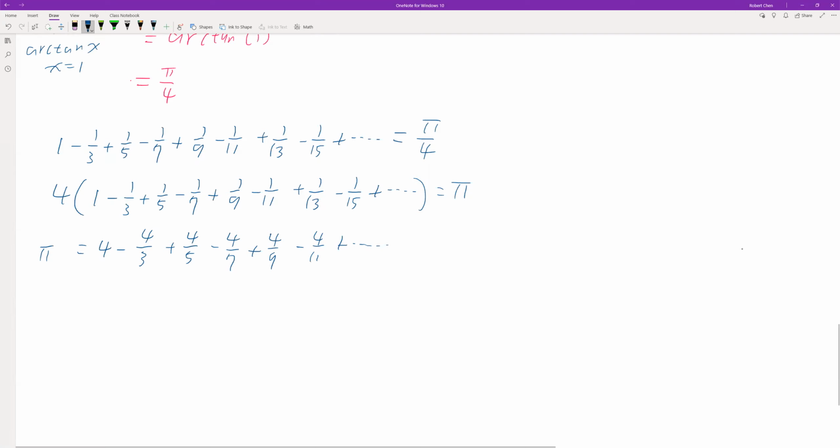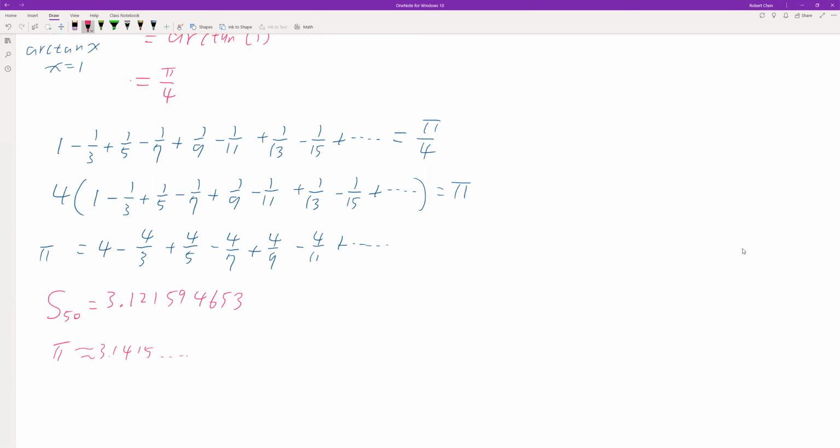And I actually tried this before. If I add the first 50 terms of this, I get 3.121594653. So I would say a pretty nice approximation for just 50 terms. Now, of course, if you have 100 terms, 200 terms, we will be even more accurate to pi, right? Pi is around 3.1415 and so on.